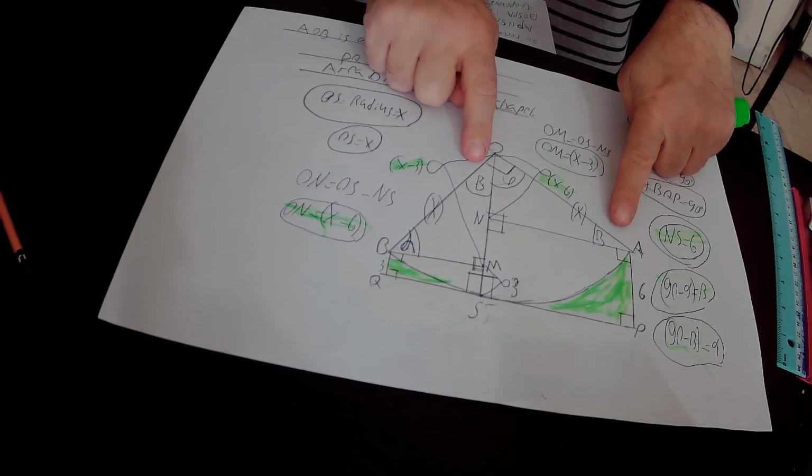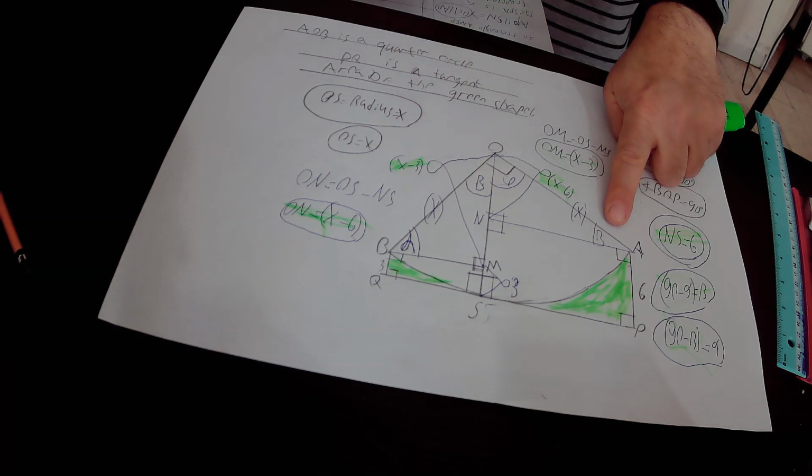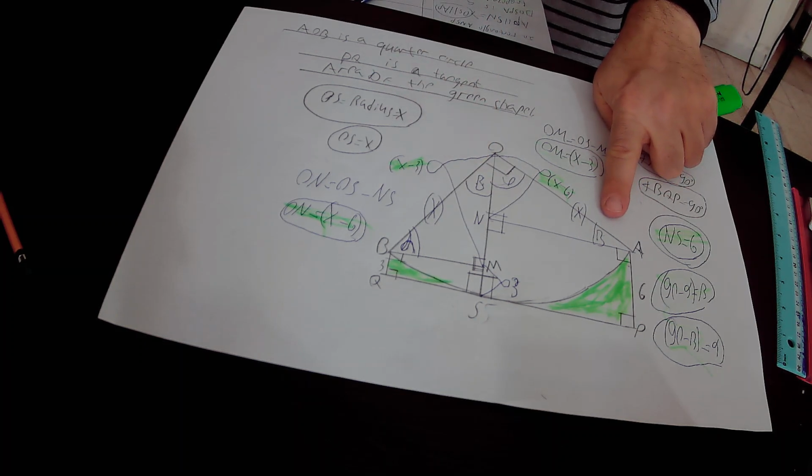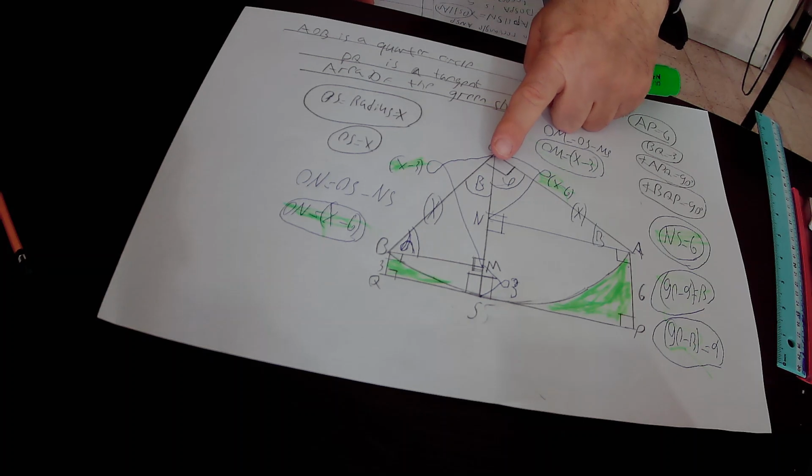And those two angles are both equal to beta, therefore they are equal to each other. So actually this is angle OAN in the right triangle ONA, and it is equal to this angle, that is actually angle BOM in the right triangle OMB.